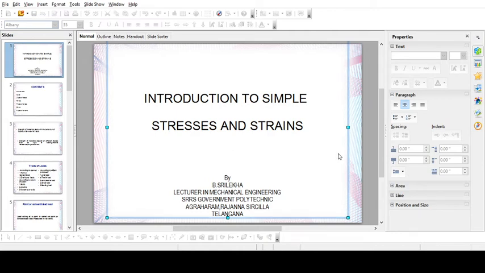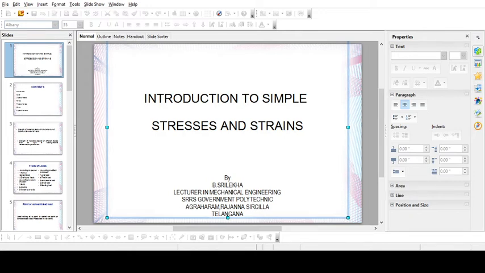Those are axial load, shear load and bending load. Further, this axial load can be classified into two types. One is tensile load and the other one is compressive load.